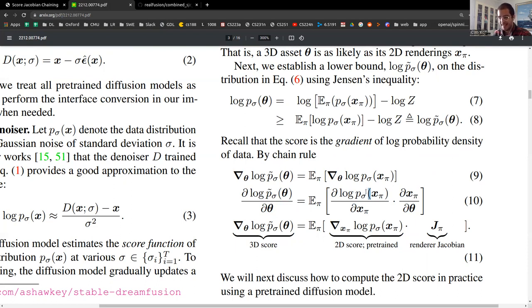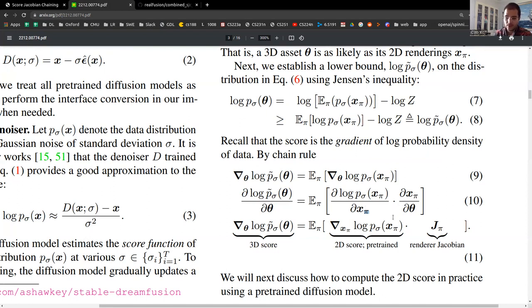What this is saying is that, let's say you have some generative model and a setup which goes from a NeRF representation. You do some rendering, and you measure the probability of the render. If you could backprop through that, then all you do is backprop through the first part, and then backprop through the second part.